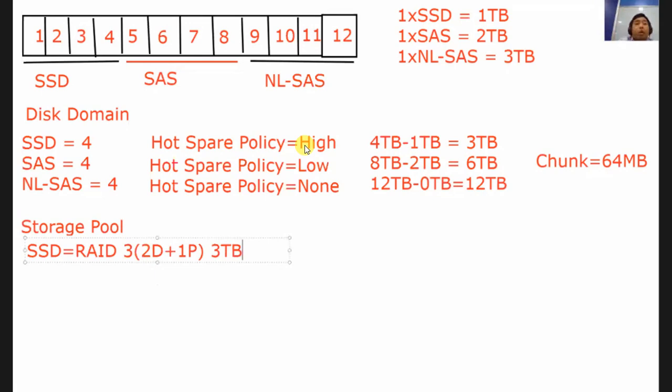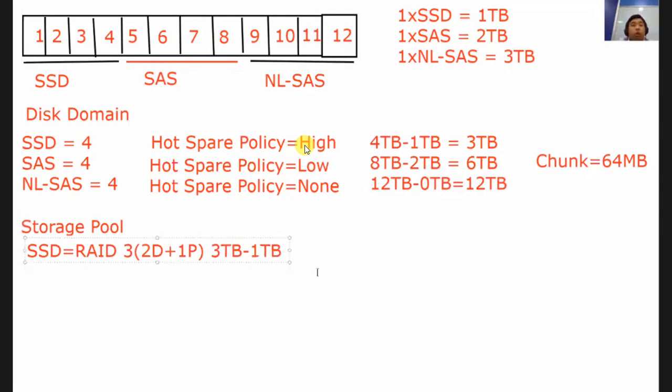So this 3 terabyte will be used to form 3 disks, 2 disk plus 1 parity. Out of the 3 terabyte, I need to minus out the parity. This is the total size, 3 terabyte I want to use. Then I need to minus the parity, which is 1 disk, let's say 1 terabyte.